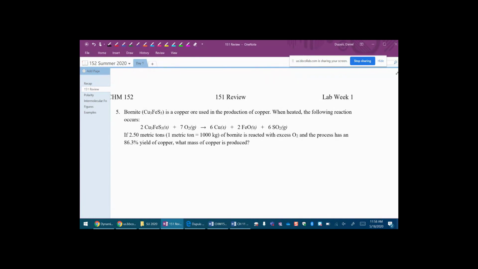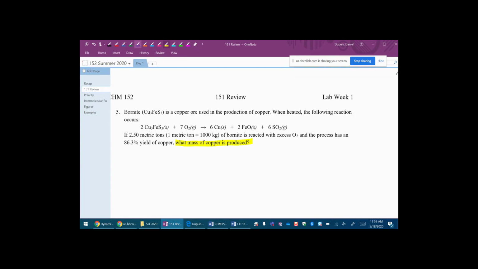You have 2.5 metric tons of this ore, and you have excess oxygen, of course, and the process has 86.3% yield of copper. How much copper do you make? All right, that's the question right here. What mass of copper is produced? All right, so is this a limiting reactant problem?